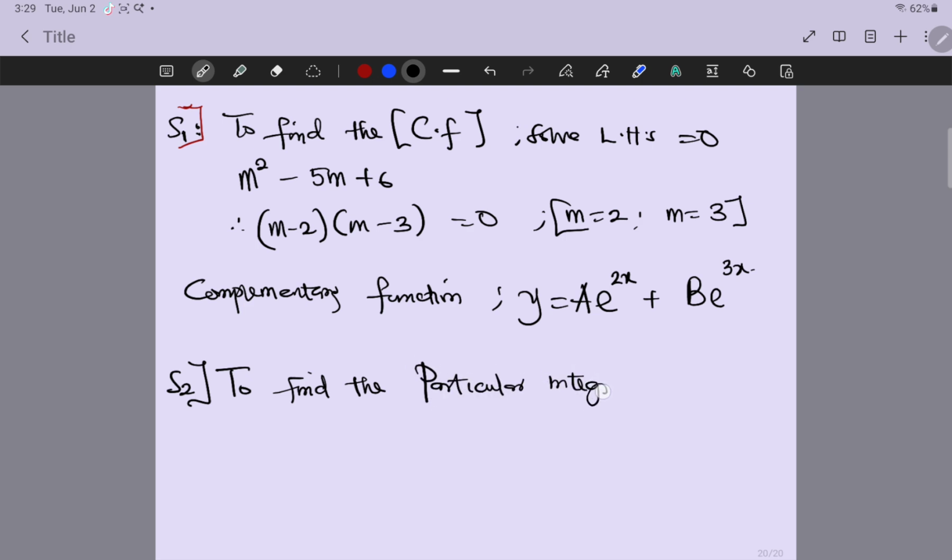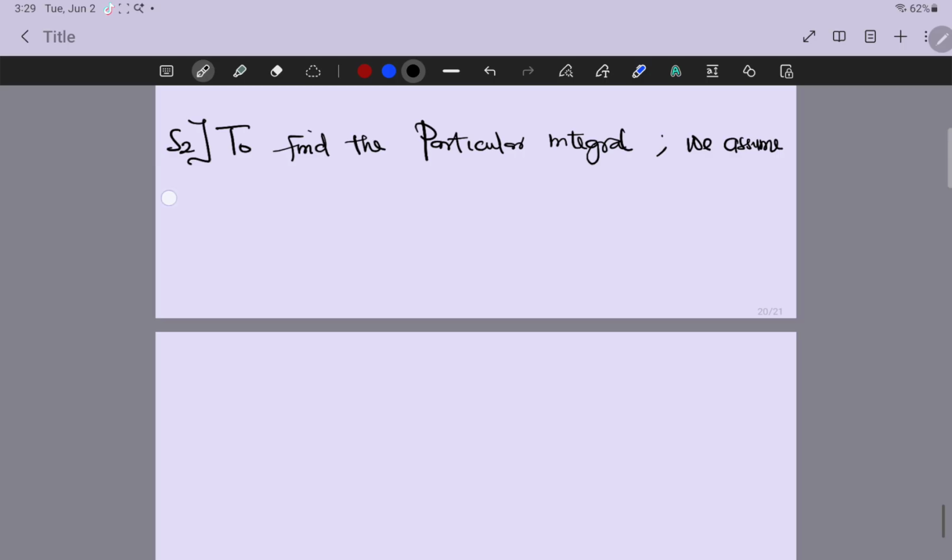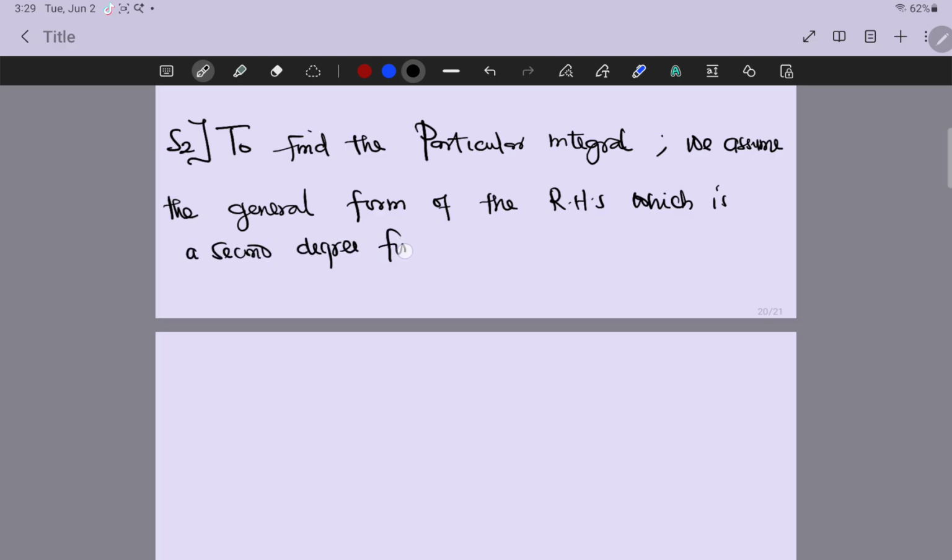To find the particular integral, we assume the general form of the right hand side, which is a second degree function.